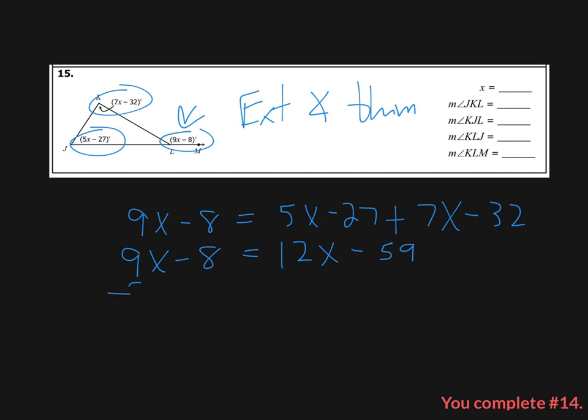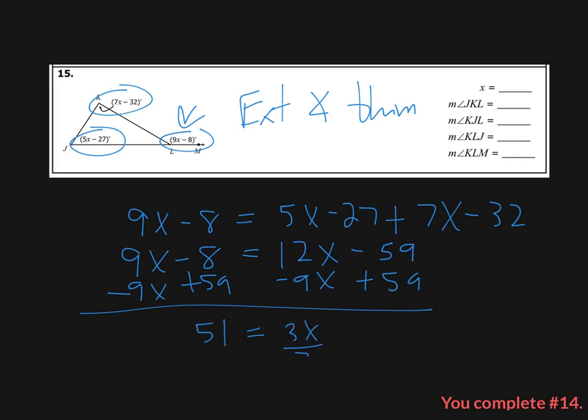Now I would like to move my 9x to the right side, and at the same time I'm going to add the 59 to both sides because I'm a little tight for space. And when I do that, I'm going to end up with 3x equals 51, divide by 3, divide by 3, x is equal to 17. So that's my value for x.